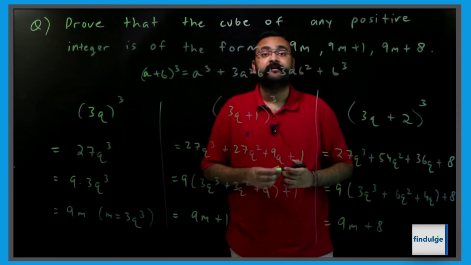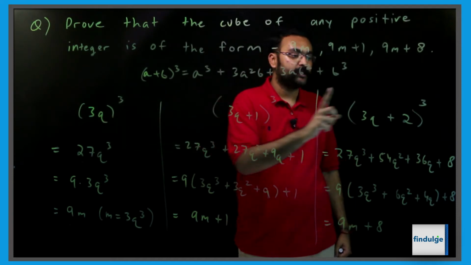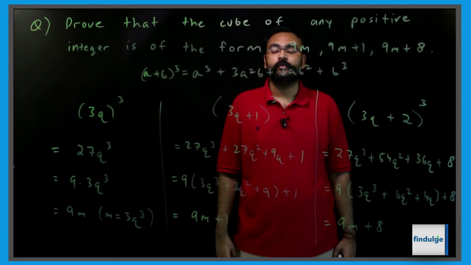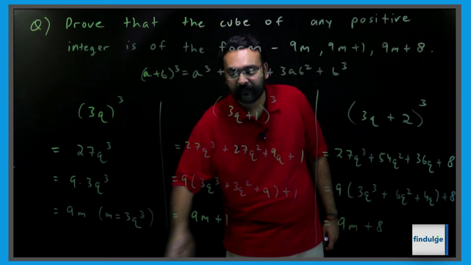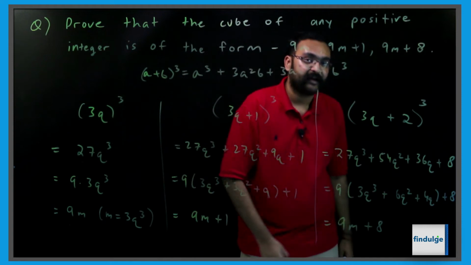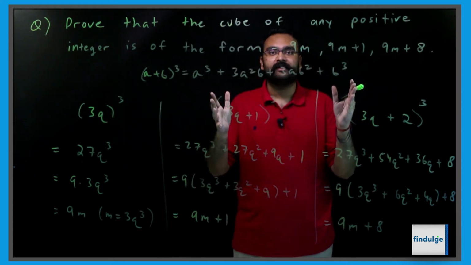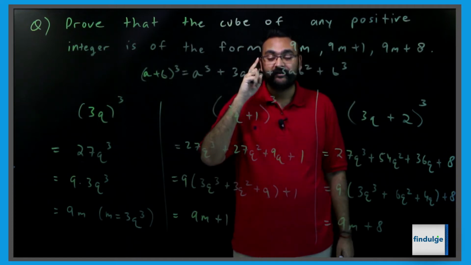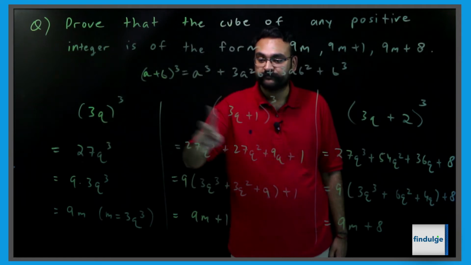So we can see an integer has to be either 3q or 3q plus 1 or 3q plus 2, which means their cube has to be 9m, 9m plus 1, 9m plus 8. So like this, when you get a question about integers, in your mind, first figure out what is the b that I want.